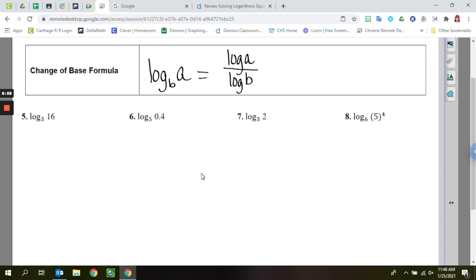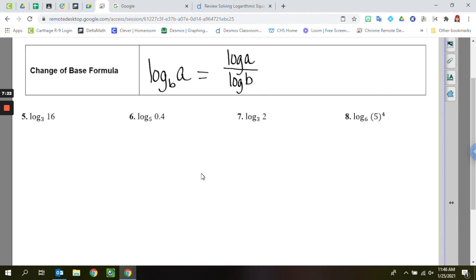But I'm still in the same problem because my calculator will not calculate log of any other base. So what we're trying to do is find something our calculator will do. And common logarithms, which is the log on your calculator, that's usually what we change it to.